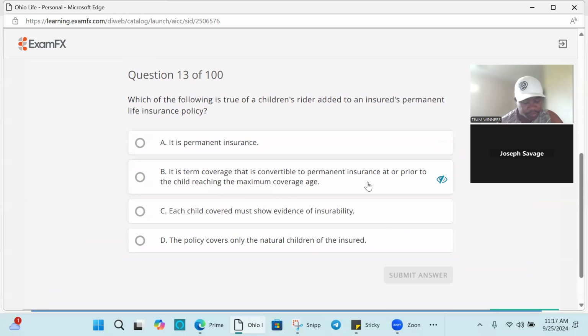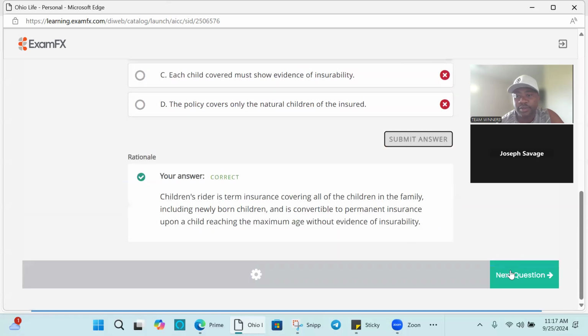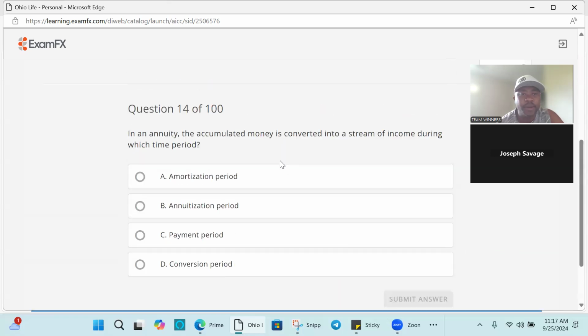The policy covers only the natural children of an insured. It's a term. Yep. Children's term rider.